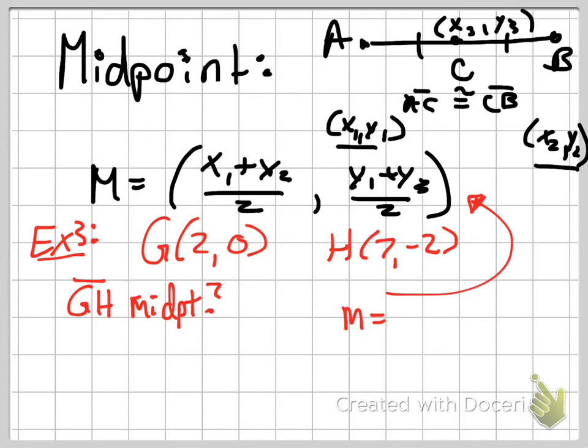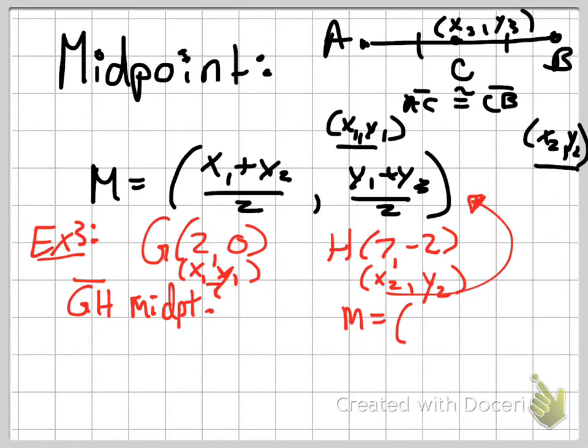It doesn't matter which one is x1, y1 and which one is x2, y2, because when you're adding, it doesn't matter the order, as long as you're consistent, but I'll go with G as my x1, y1 and then H is my x2, y2.